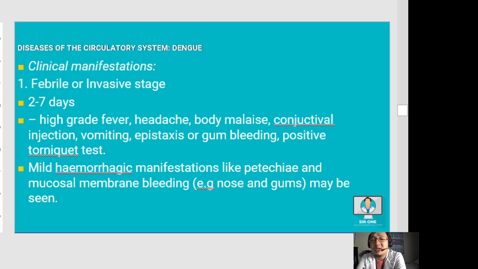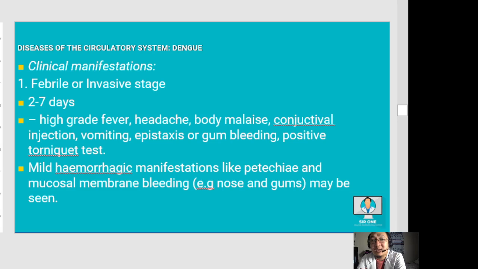Okay, tourniquet test, or tourniquet with another pronunciation. With a positive tourniquet test, it's a sign of mild hemorrhagic manifestation, like petechiae and mucosal membrane bleeding that may be seen. So how do you do the tourniquet test?